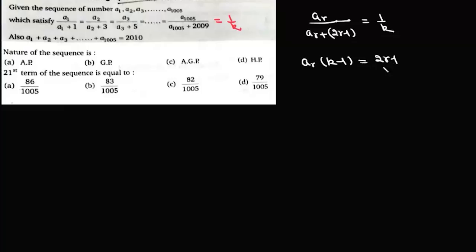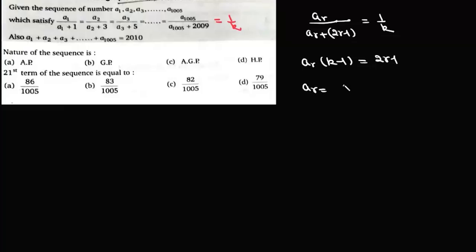Now, since they are equal, let us suppose it is equal to 1 by k. So for any AR, we can write AR upon AR plus 2R minus 1 is equal to 1 by k, or AR into k minus 1 equals 2R minus 1.